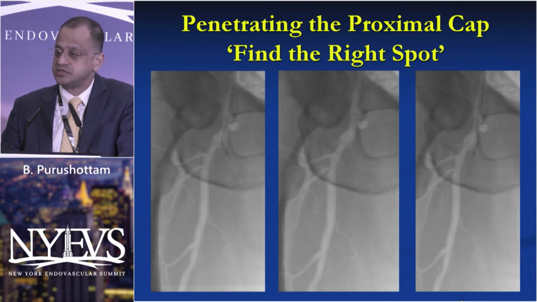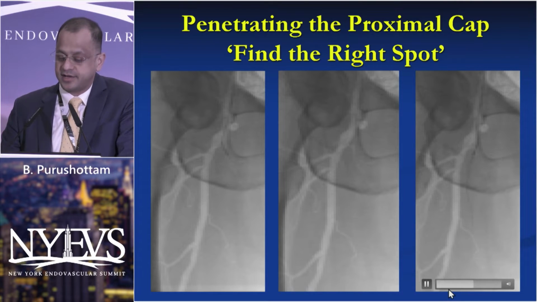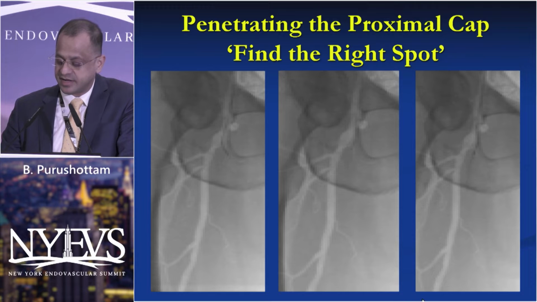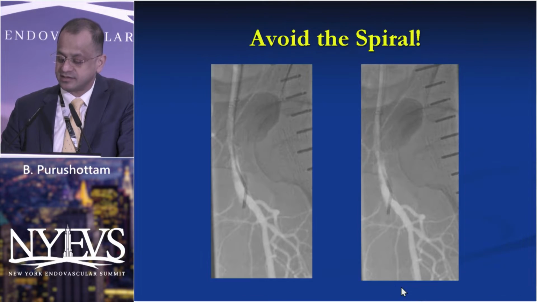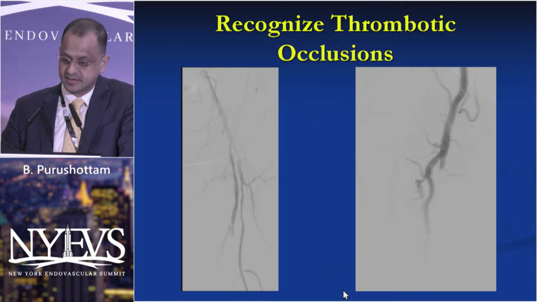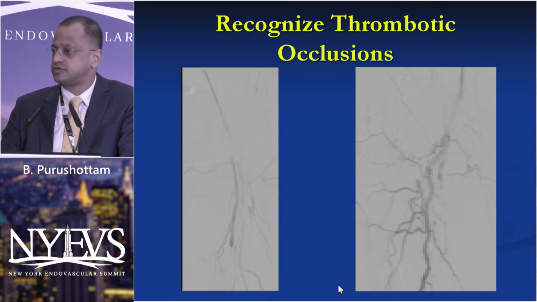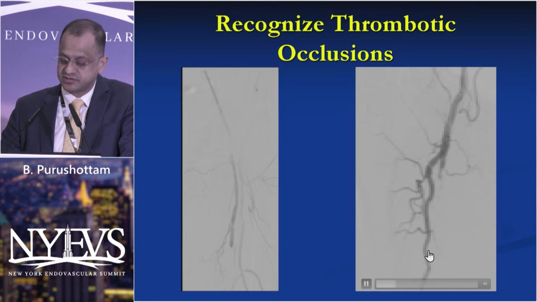And then once you decide you found a proximal cap, you use your interventional catheter, and make sure you find the right spot, because you can easily spiral, as you can see in this picture, as opposed to something which can be straightforward. Also, always recognize the thrombotic occlusion, because you can have a claudicant with an ISR with a lot of clot sitting there based on how the angiogram looks.